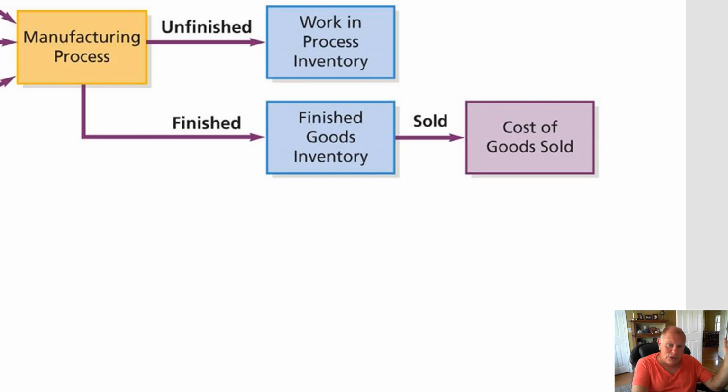So we're looking at this. Here's the costs. They either go direct, if we don't use all the direct materials, it goes into materials inventory. All three of these come to the manufacturing process. They're either unfinished, and we're still at work, called work in process, or they're finished in finished goods inventory. Only when it's finished do we move it to cost of goods sold.